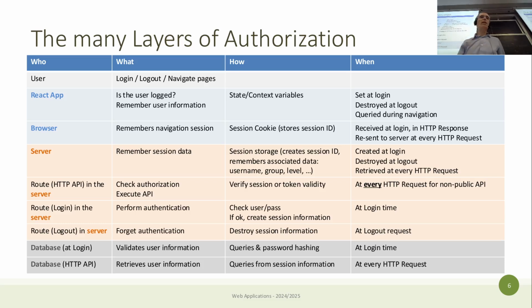The React app needs to know if the user is logged in. The browser needs to remember the session. We will talk about the session in a few minutes. The server again needs to remember the session. You need to check the authorizations on the server. You need to forget about authentication when you do the logout, and so on. So many things need to happen to make everything work.